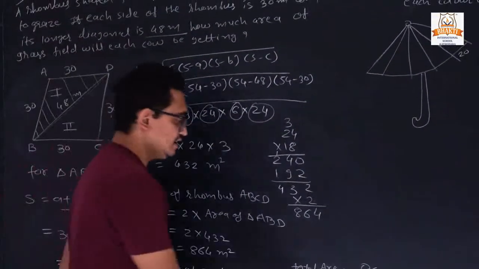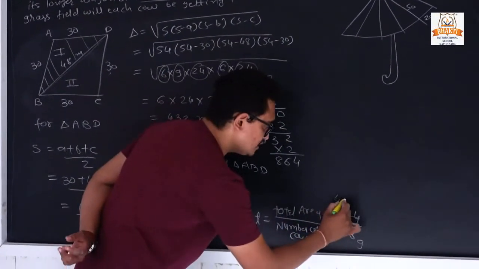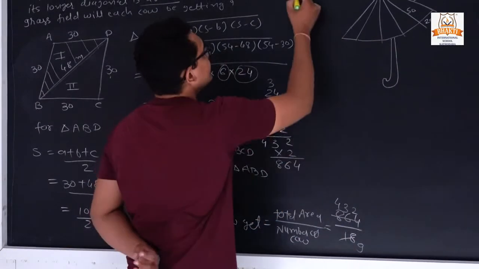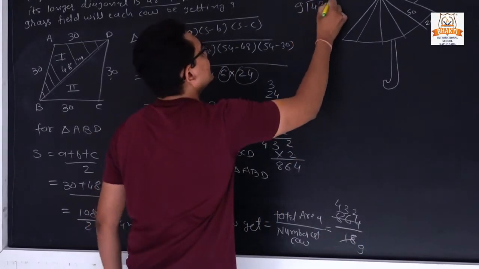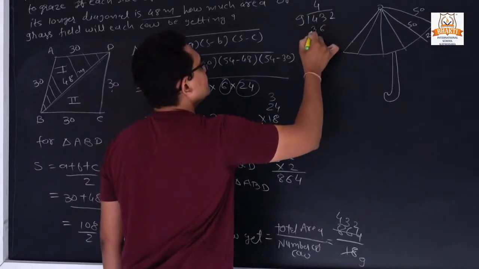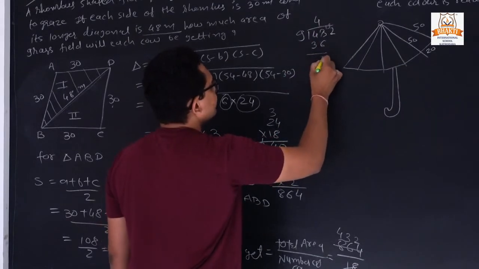Now divide, so here 9s are divided by 2. So here 4, 3 and 2. Once again we can divide 432 by 9. So 9 4s are 36. So 13 minus 6 is 7.